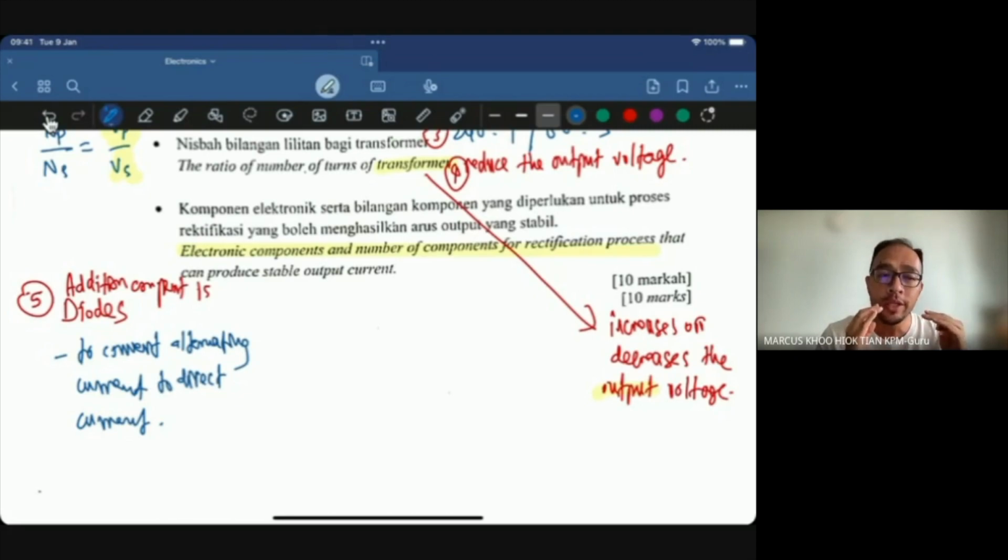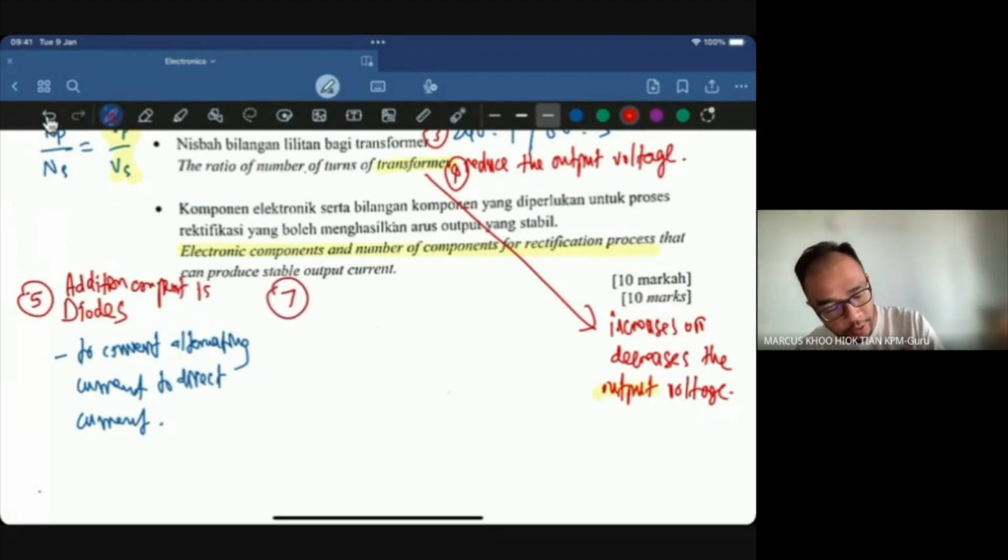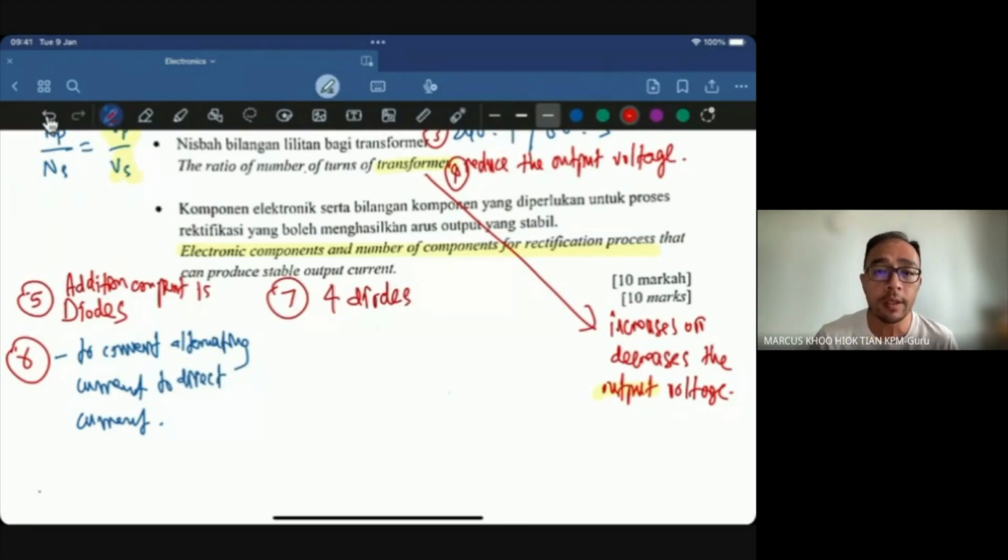Okay, I wouldn't recommend the answer for rectification because that will be for the number of diodes, which is the 7th point. Sorry, this is the 6th mark. So the 7th mark is to write down there 4 diodes, because they're asking for the number of this one.